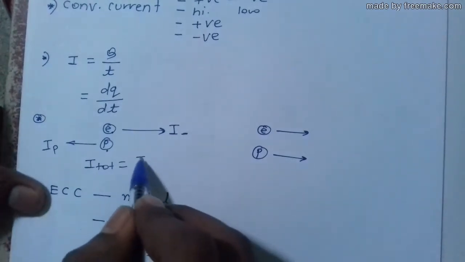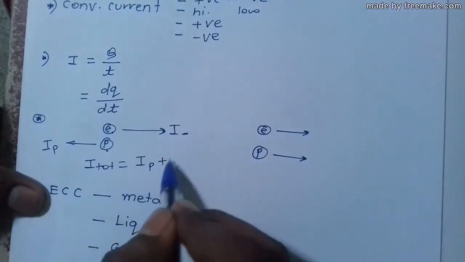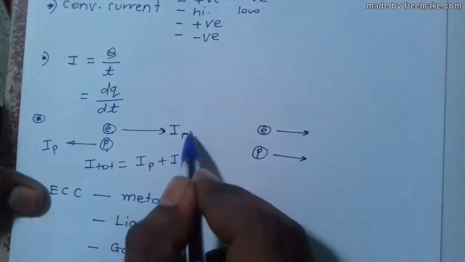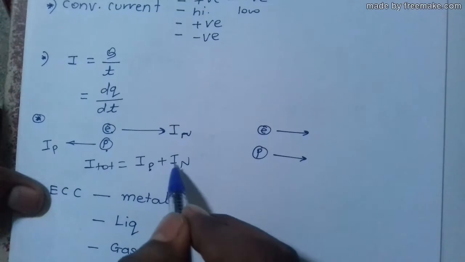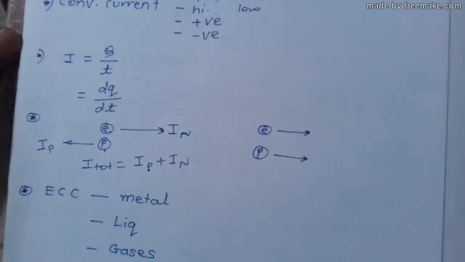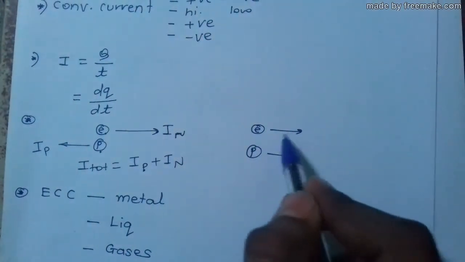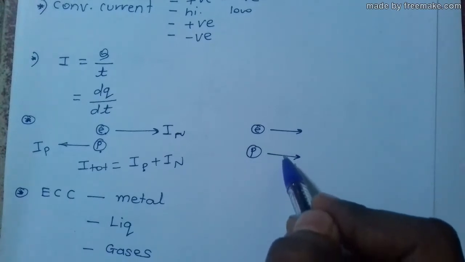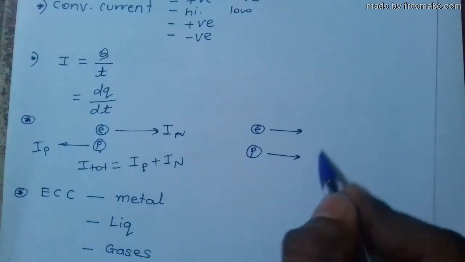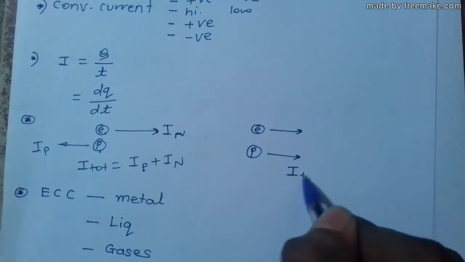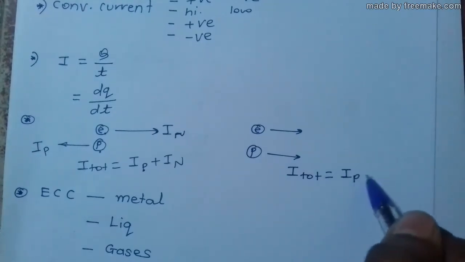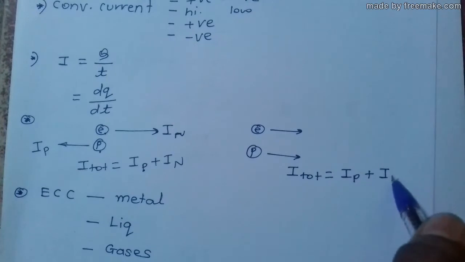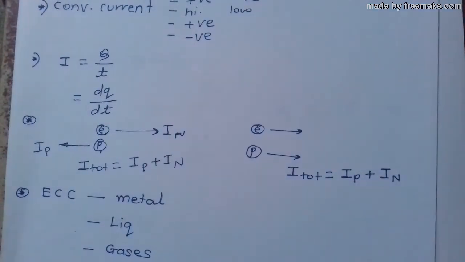Total current is the addition of current due to positive charges plus current due to negative charges. If negative charges and positive charges are moving in the same direction, then total current is equal to current due to positive charge plus current due to negative charge.